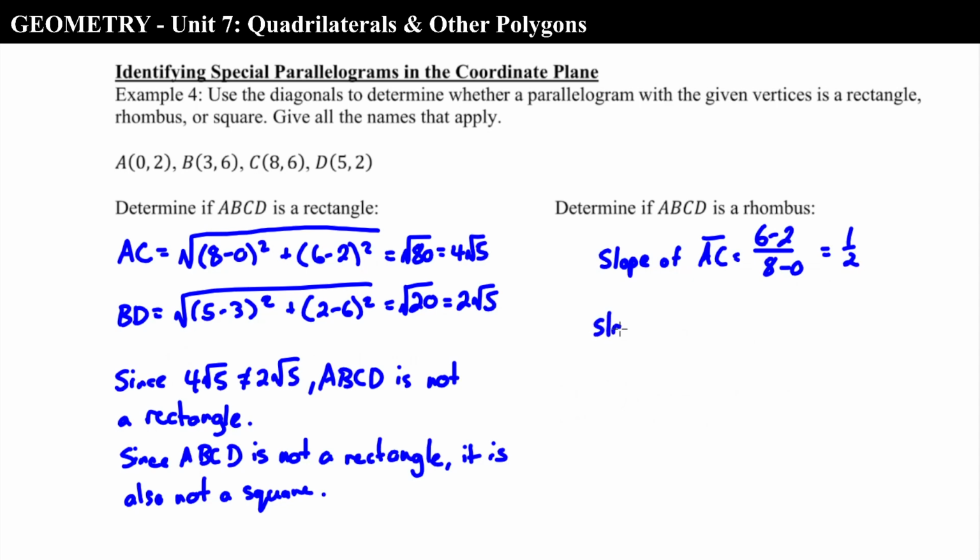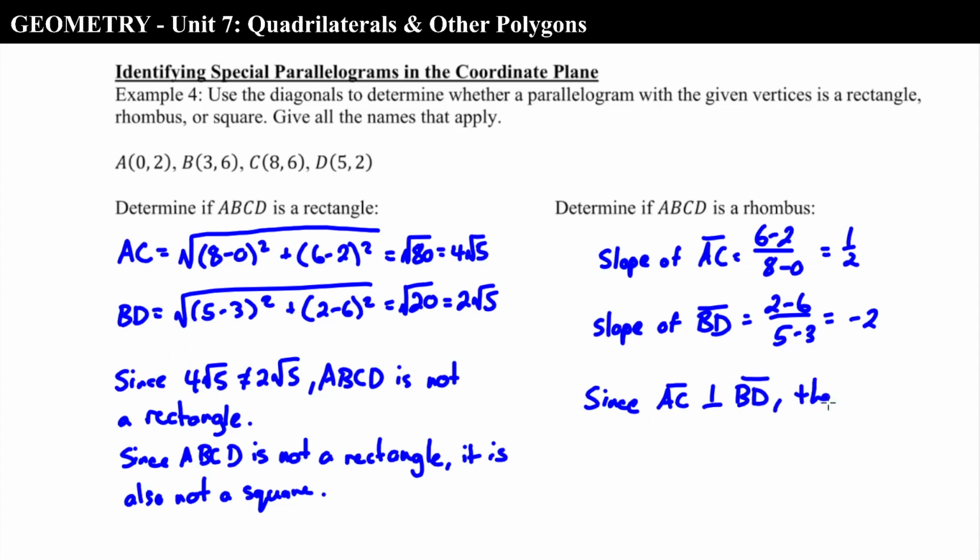So we want the slope of our other diagonal, BD, to be the negative reciprocal of that. (2 minus 6) over (5 minus 3), that's going to give you -2. So since AC is perpendicular to BD, then ABCD is a rhombus.